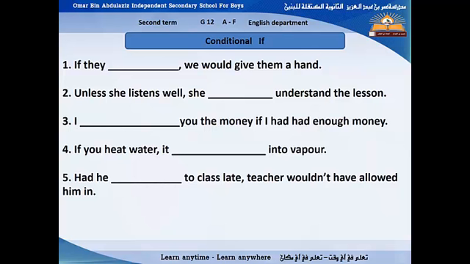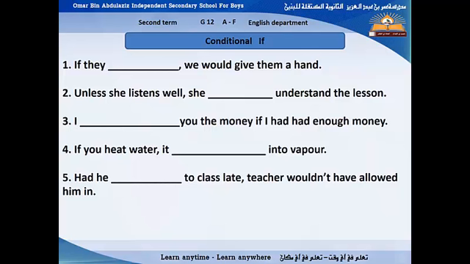Here, if they space, we would give them a hand. Would give. Which case is that? Try to think. I'll give you 10 seconds to think. Now look at this one.